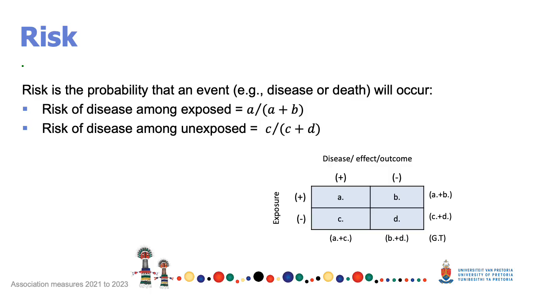In this situation, we can talk about the risk of disease amongst those who are exposed, which would be A divided by the total who were exposed, A plus B. And we can talk about the risk of disease amongst the non-exposed, which in this scenario would be C, those who were diseased, divided by C plus D, which is the total number who were not exposed. So this is how we would calculate these two risks.